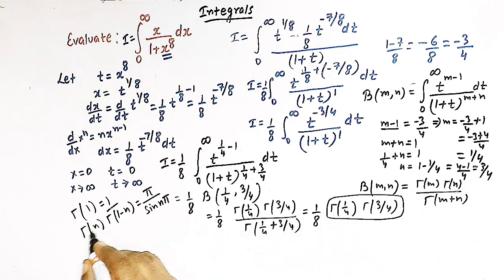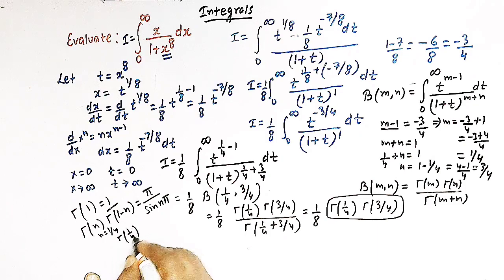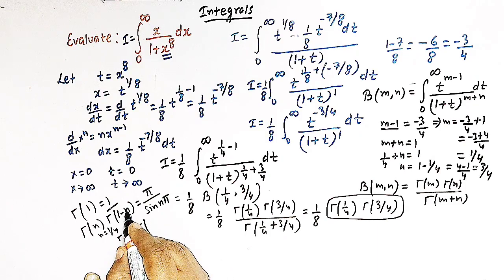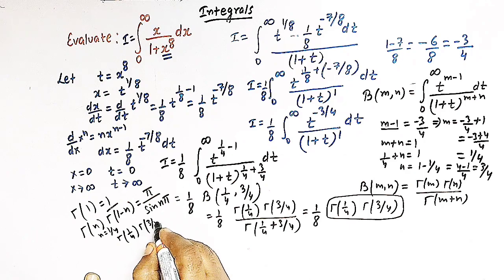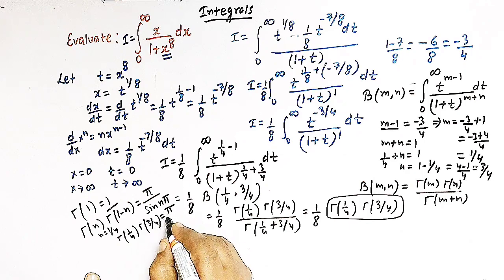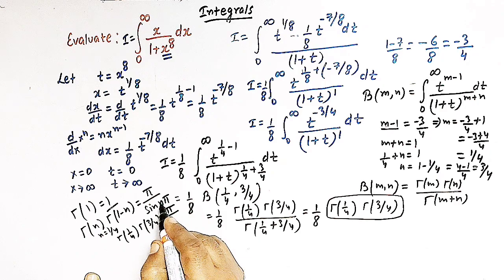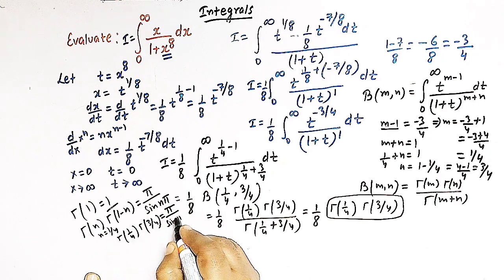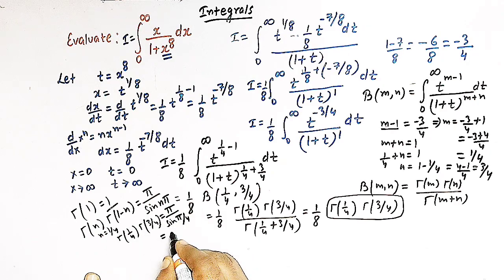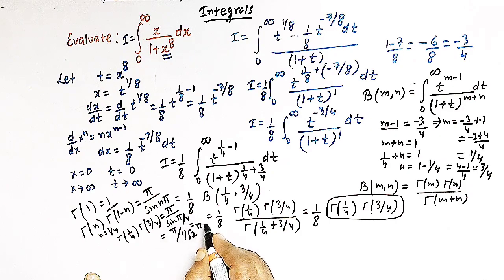And if we take n is equal to 1 by 4 in this result, then we have gamma of 1 by 4, gamma of 1 minus 1 by 4, that is 3 by 4, is equal to pi divided by sine n pi. N is 1 by 4, so here we have pi over 4. So this is pi divided by sine 45 degrees is 1 over root 2, and we can take root 2 to the numerator. So we have pi times square root of 2.